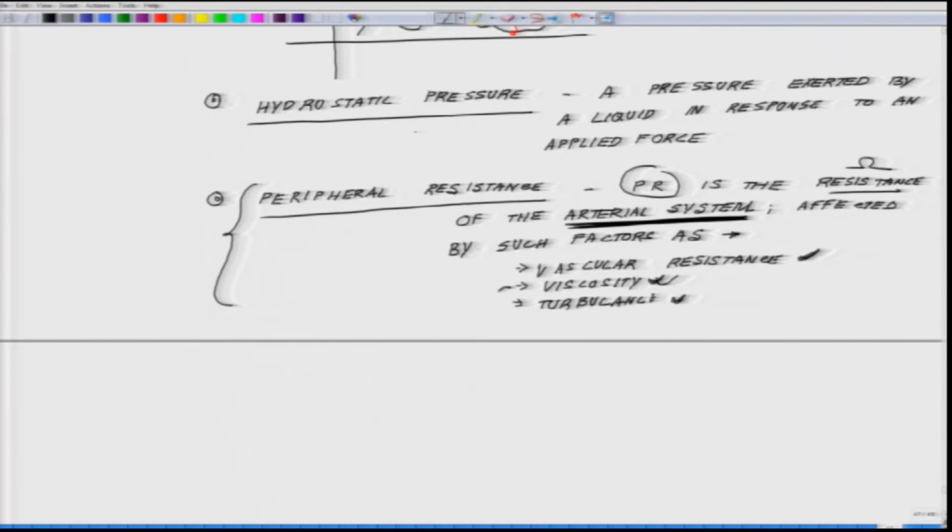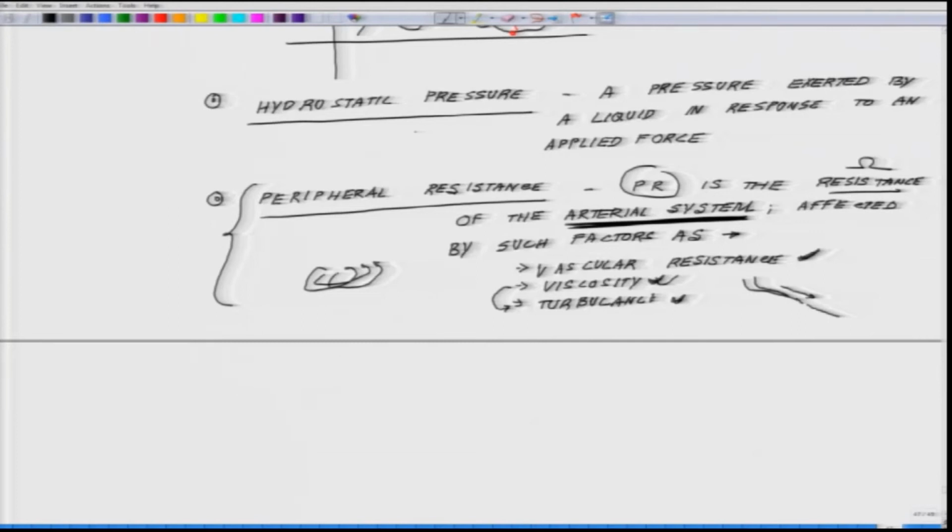Because of the viscosity there may be turbulence in the flow, because now it is putting an unusual kind of pressure, and with the changing diameter, where the diameter is narrowing down, there may be turbulences, there may be eddies getting formed at places.